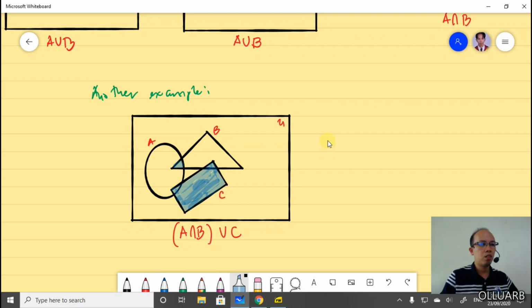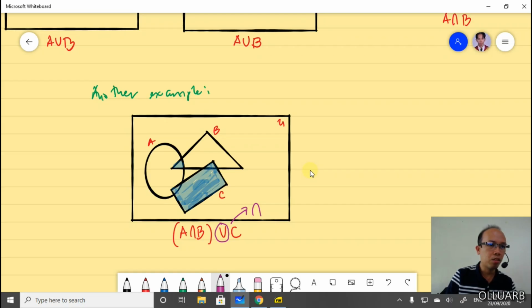That's the answer for this question. But if this notation will become this one, if this will become intersection, what will happen is that the intersection of this set, which is C, and this set is nothing.